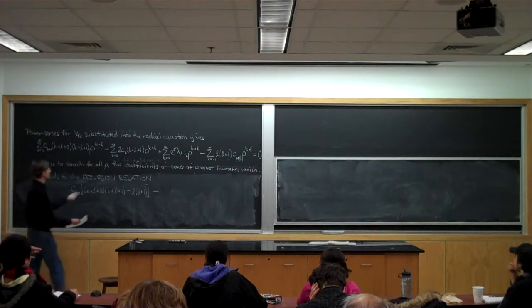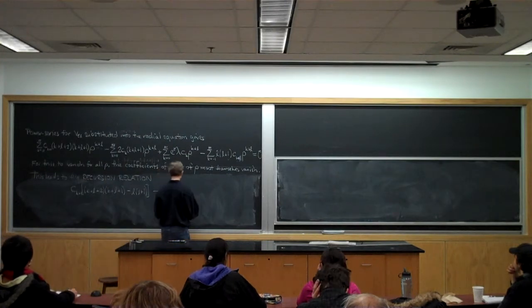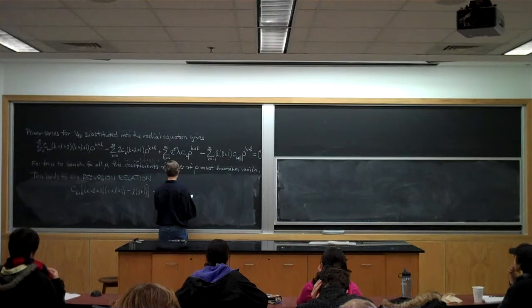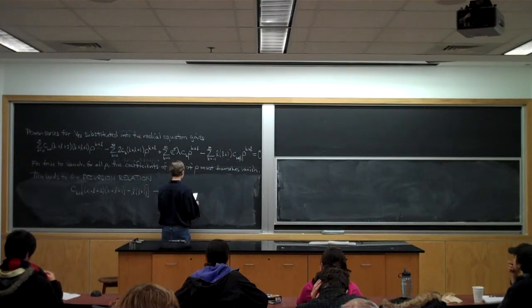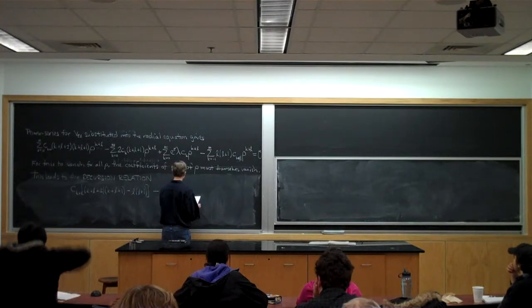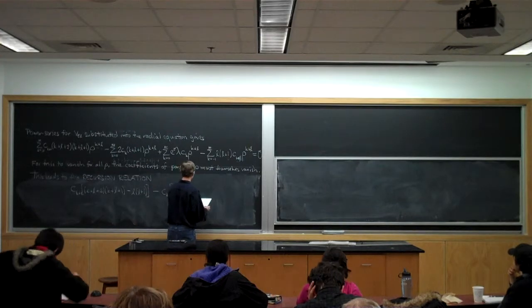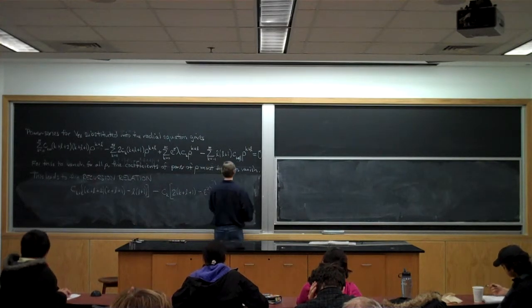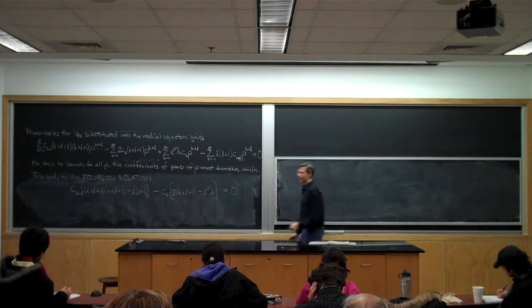And then for the other two terms, we're going to get minus c sub k times the quantity 2 times quantity k plus L plus 1 minus e squared times lambda, that has to add up to 0.